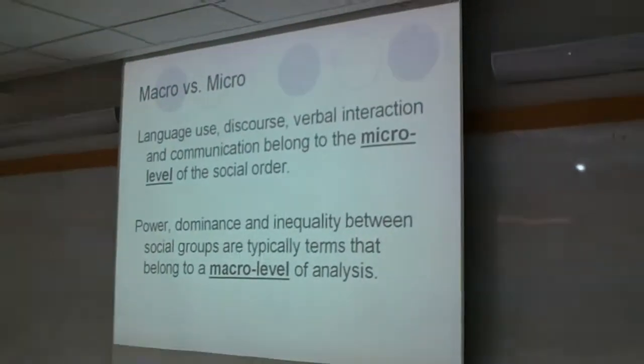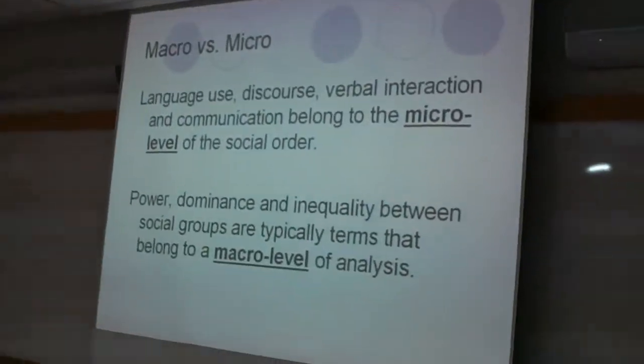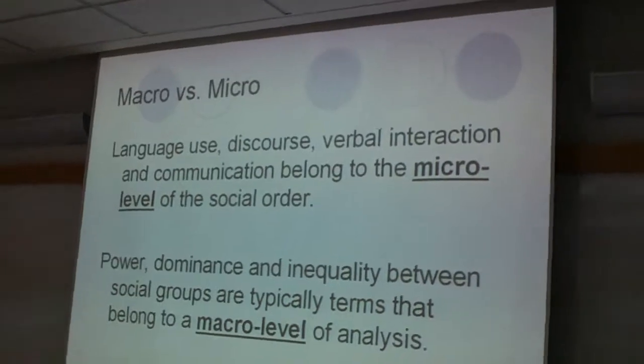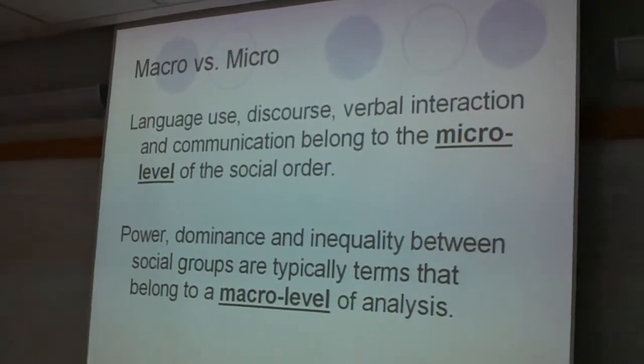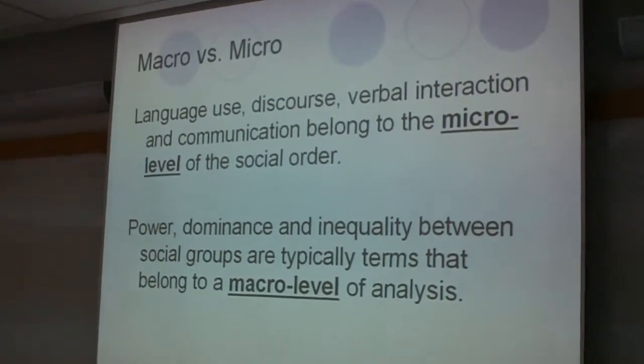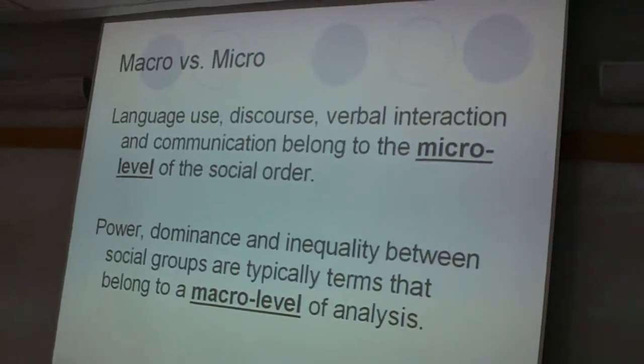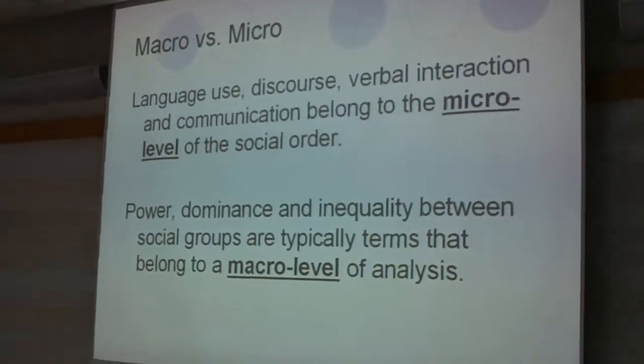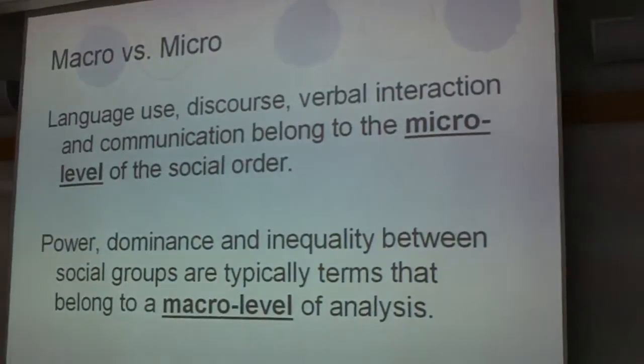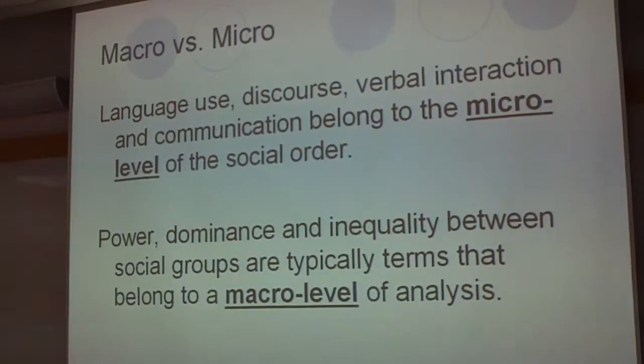I think I missed some points, because Matthew mentioned 3 levels. There are 3 levels of CDA: macro level, meso level, and micro level. I'm sorry that I missed some points, so I try to cover only the macro and micro levels.